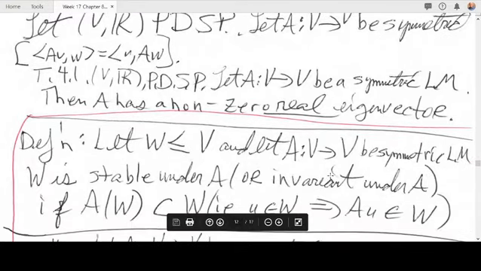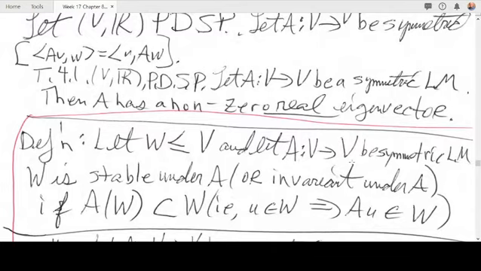Theorem 4.1 says, when we have V over R, positive definite scalar product, A being symmetric, then A has a non-zero real eigenvector. We saw a moment ago that they have a non-zero real eigenvalue.